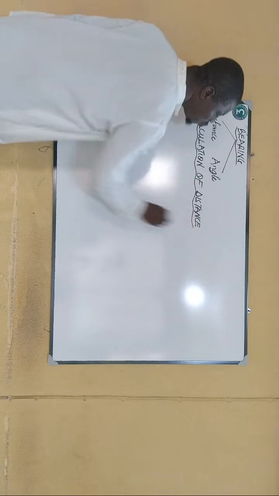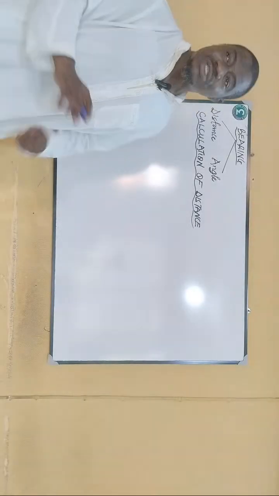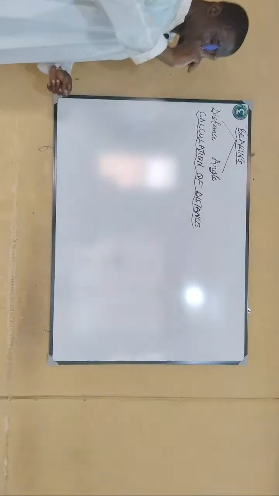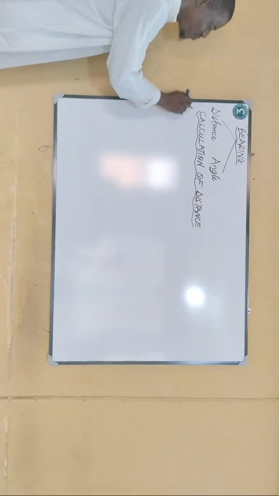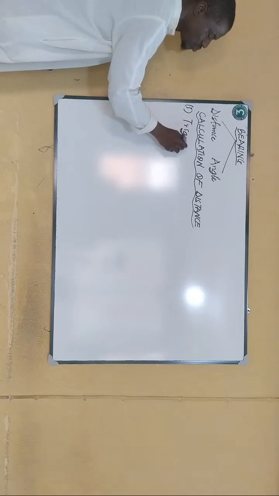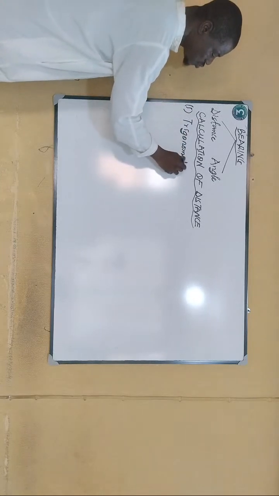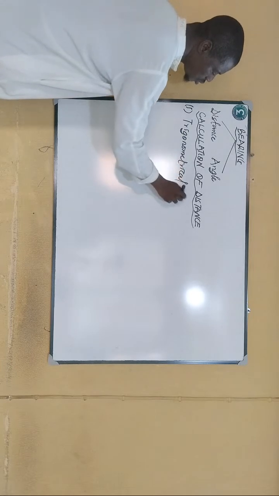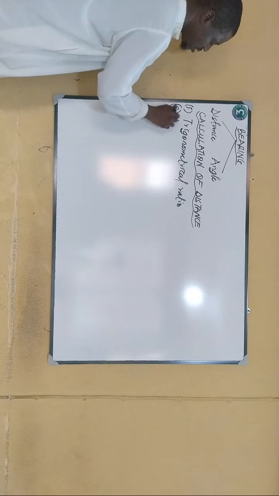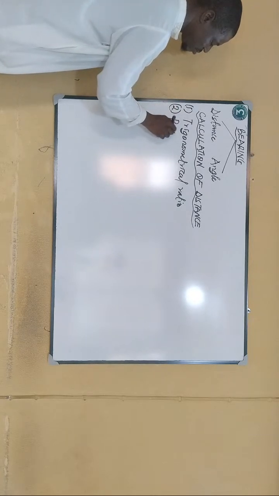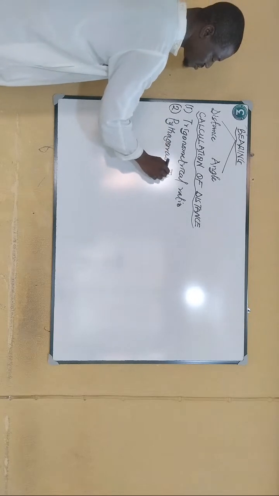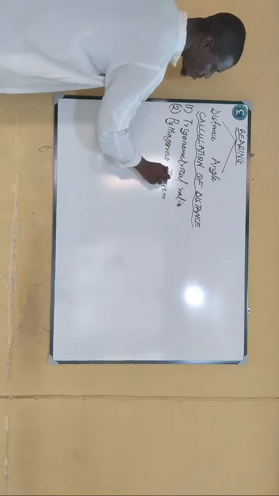I won't dwell much on that one because we have discussed it, but we have four methods. The first one is trigonometrical ratio. Number two is Pythagoras theorem.